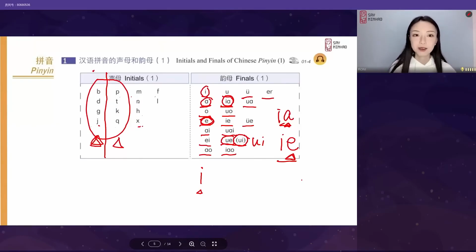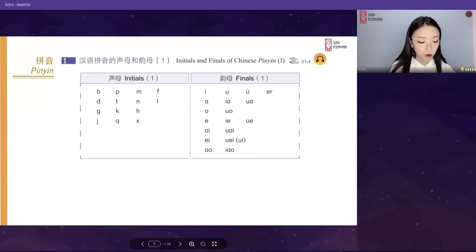Now let's try to read it from the start for just once, okay? From this to this, in this direction, okay? 3, 2, 1.